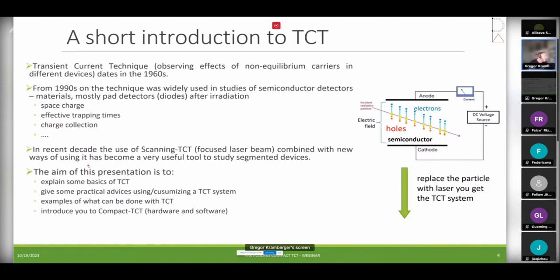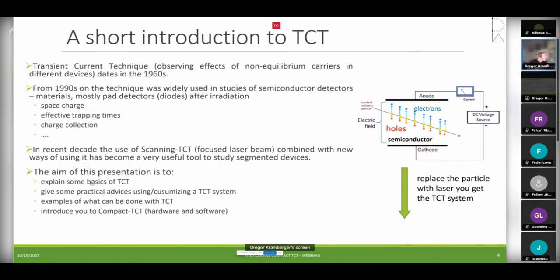Then in the recent decade, the use of scanning TCT, the ones that I introduced in the first talk, where focused laser beams are used, is getting way more popular for obvious reasons, because you can actually study strip, pixel, 3D sensors, whatever device you have in mind, and you can access it with laser.